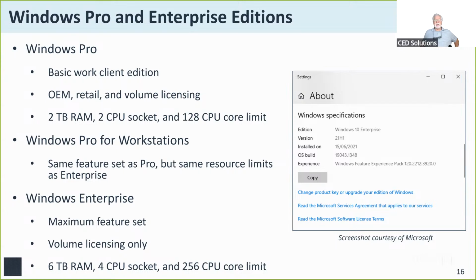And the Enterprise and Education license, pretty much the same kind of thing. You have the capability of doing 2 terabytes of random access memory in the Windows Pro license. Now, of course, the hardware has to support it. The operating system will also support 2 different CPU slots on the motherboard and 128 cores per CPU.